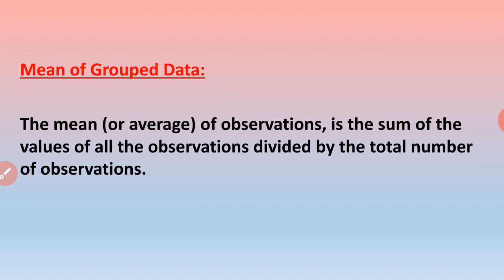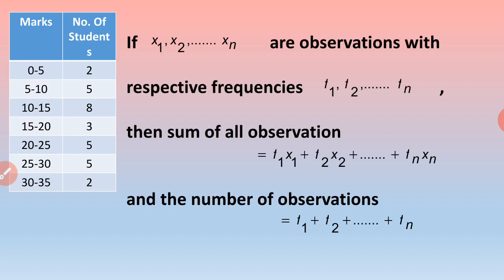Let us beforehand just go through the definition once. Mean of grouped data. The mean or average of observation is the sum of the values of all the observations divided by the total number of observations. Now children, that's a grouped data.